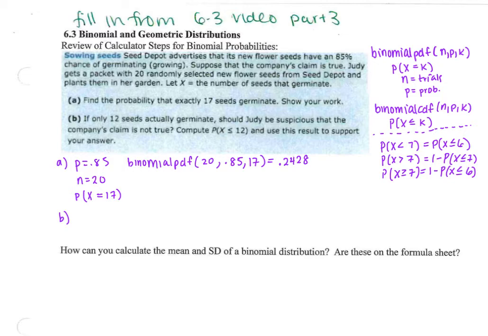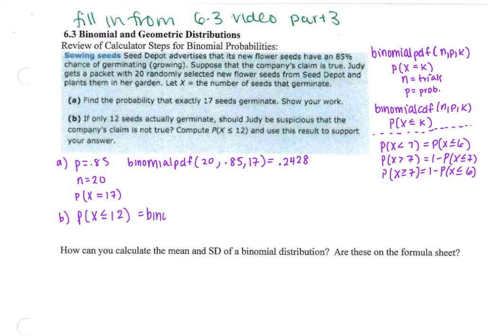And so we're going to try to figure out what's the probability that 12 or fewer germinate and see if that's a very low probability of happening, because 85% would be like, what would that be? 18 seeds germinating, that'd be 85%. So we're going to see if it's unusual if 12 or fewer germinate. So we're trying to see the probability that less than or equal to 12 germinate.